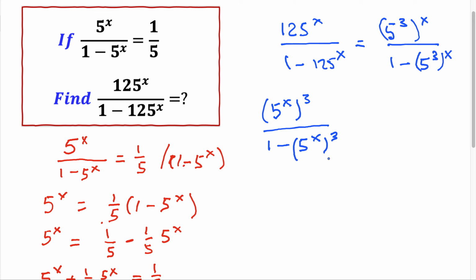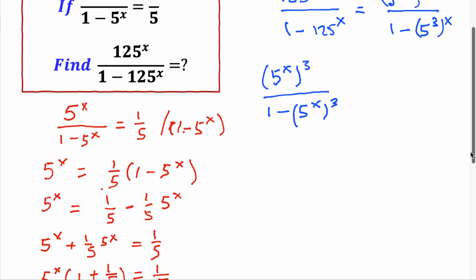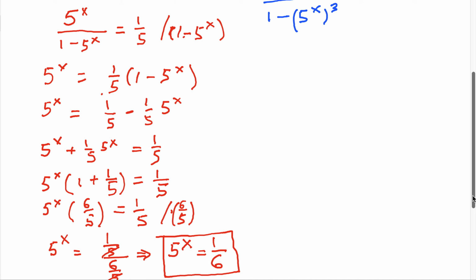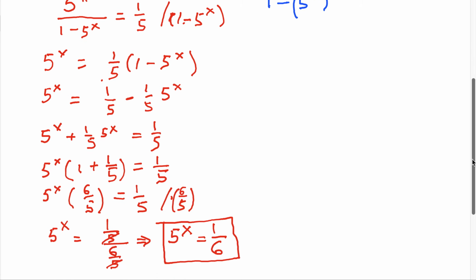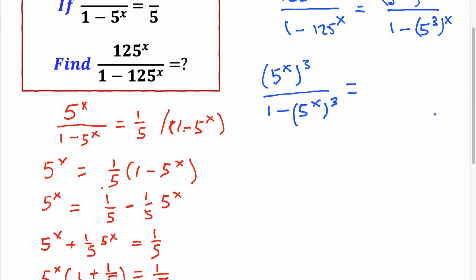And now, 5 in x, we found what it is: 5 in x is 1 over 6. So instead of 5 in x, I am plugging in the value 1 over 6. So it's going to be 1 over 6 cubed, and here is 1 minus 1 over 6 cubed.